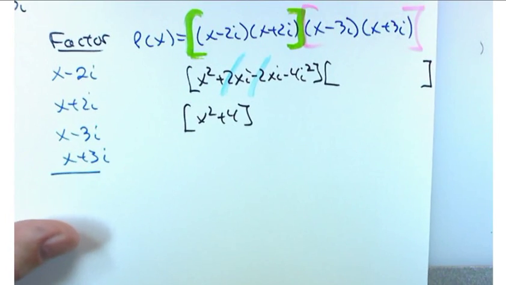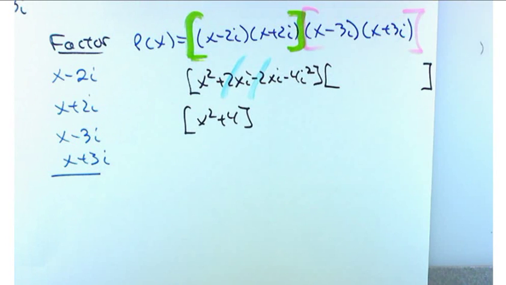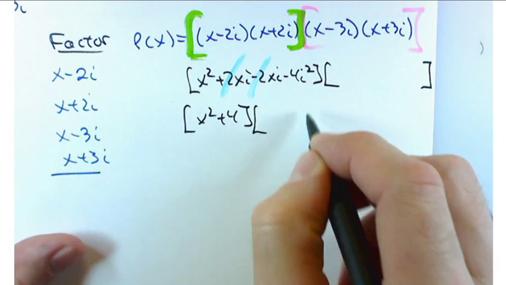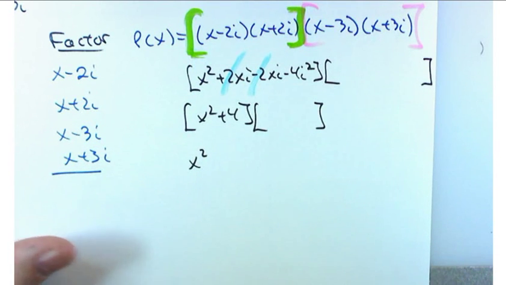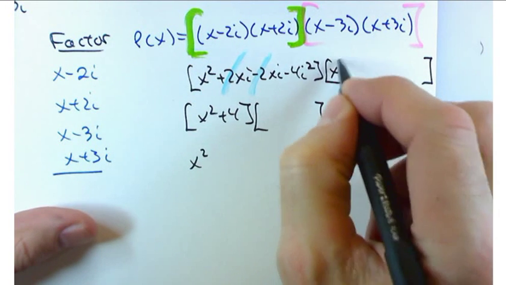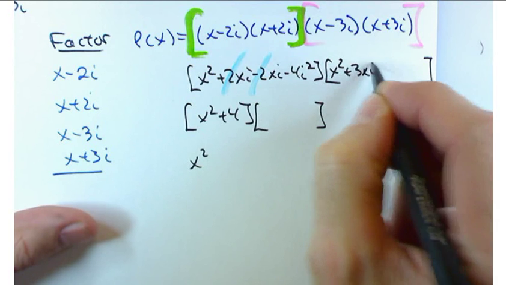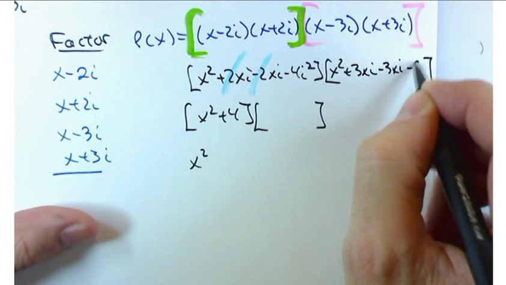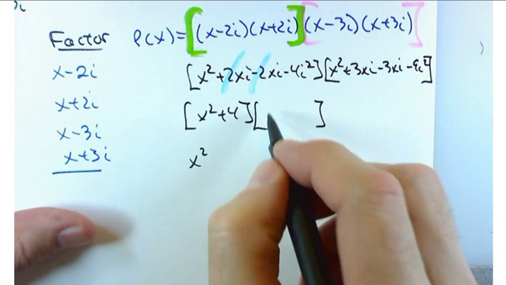See what you can come up with for the second pair. See if you can't finish that one off. You should have gotten x squared plus 9.